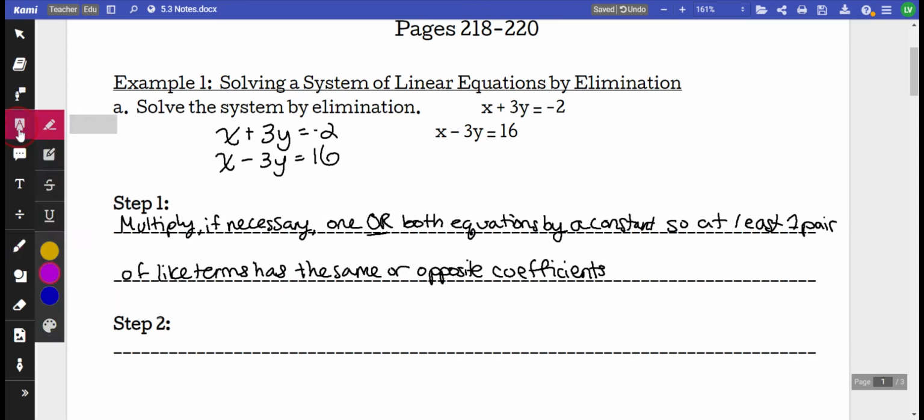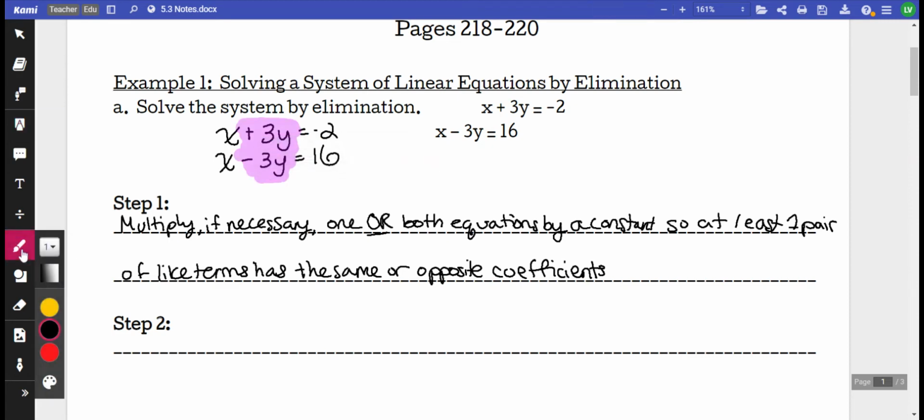What step number 1 is asking you to do is to make sure that your x's or your y's are the same, or at least have opposite coefficients. You'll notice that I highlighted a positive 3y and a negative 3y. Those are actually opposites of each other, but our y's are the same. They both have 3.